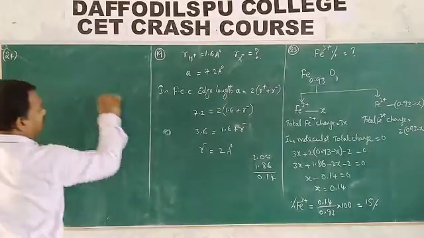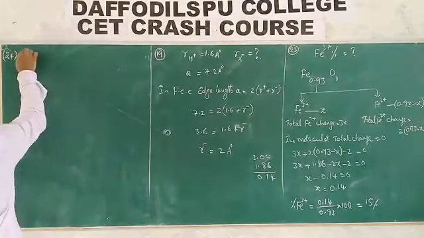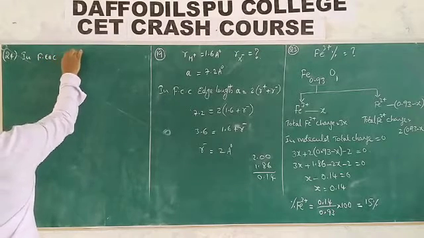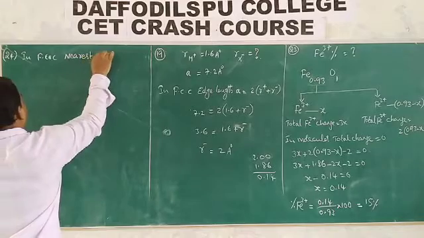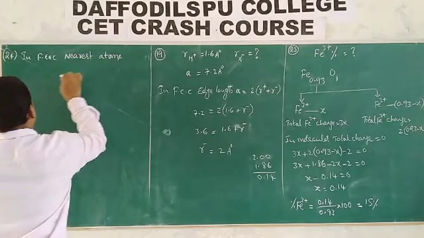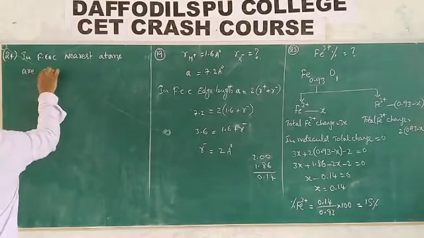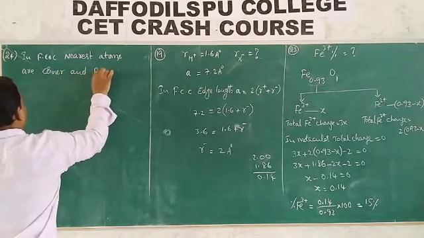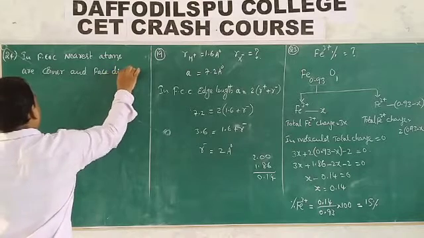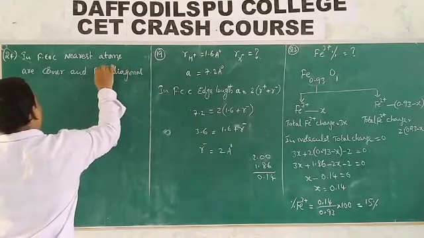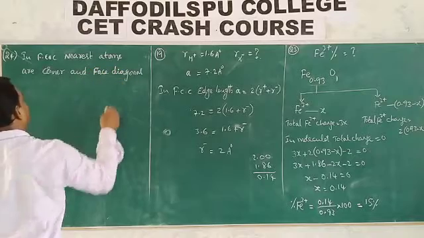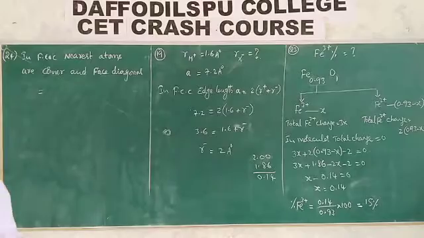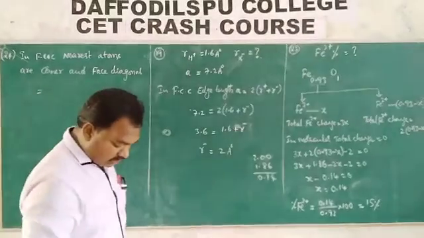This is the diagram. In FCC, nearest atoms are corner and face diagonal.